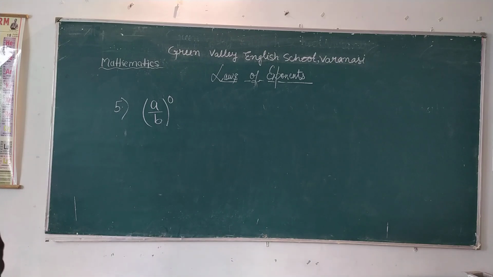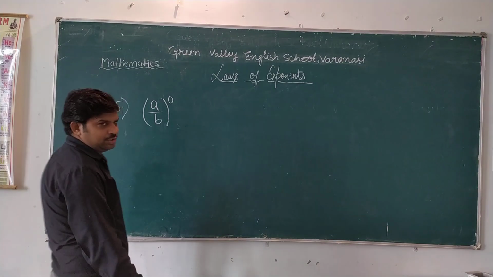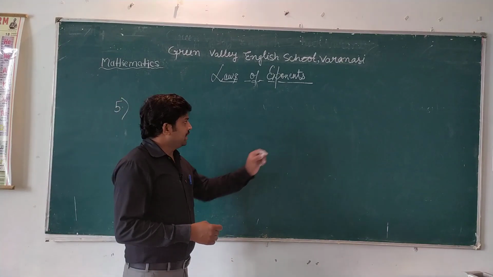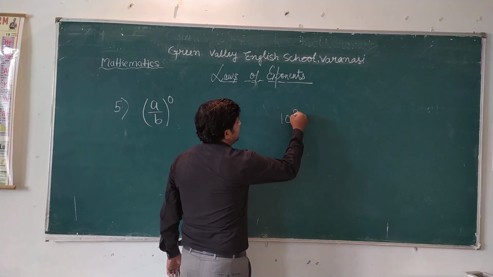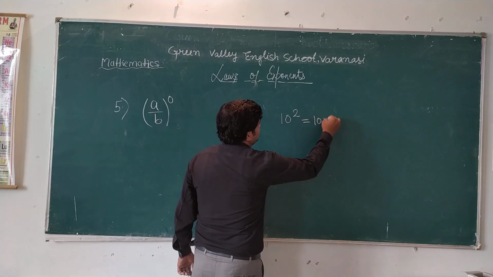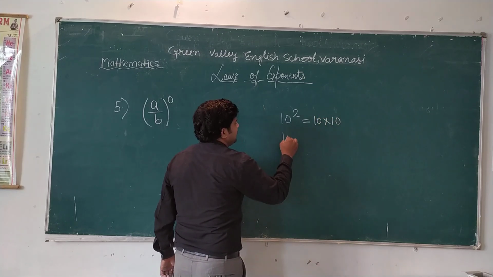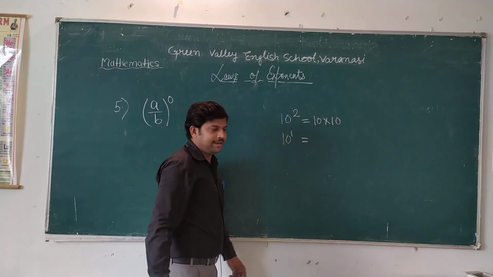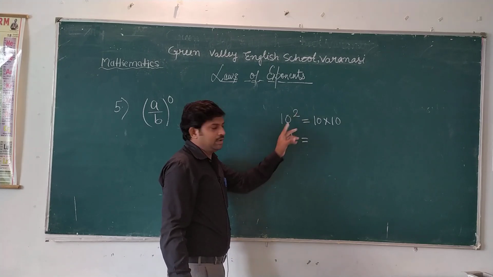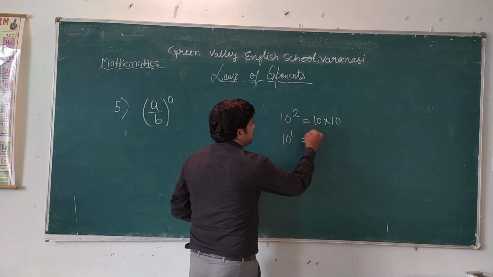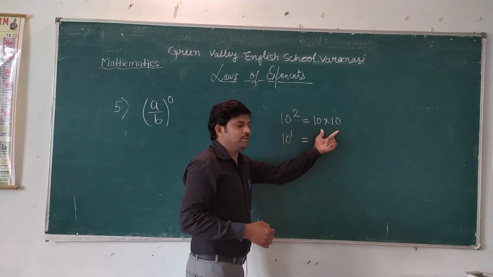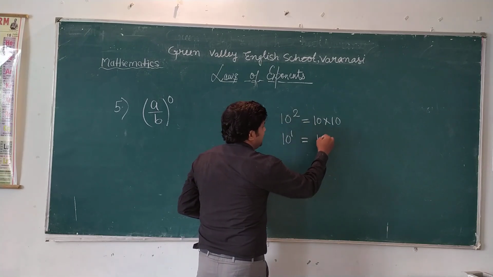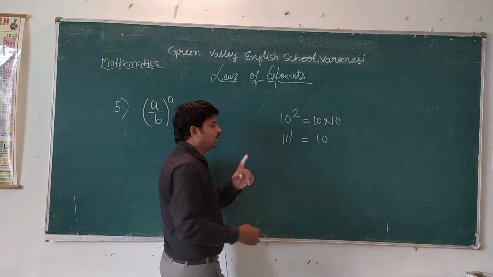As we know, when we write 10 to the power 2, it means 10 multiplied by 10. When we write 10 to the power 1, it means 10 multiplied by only 1 time.